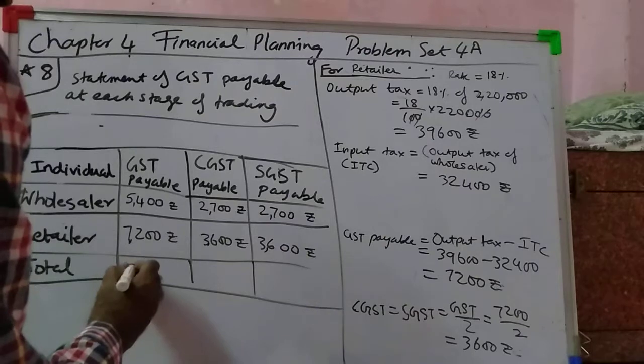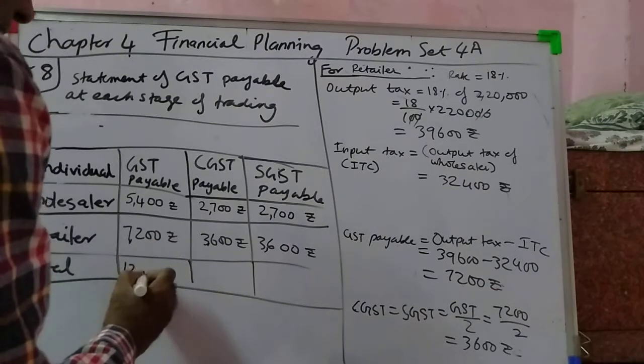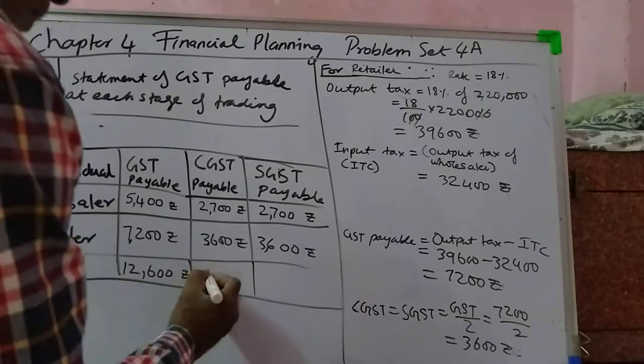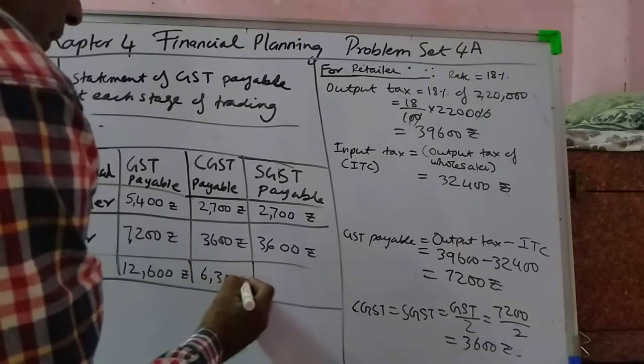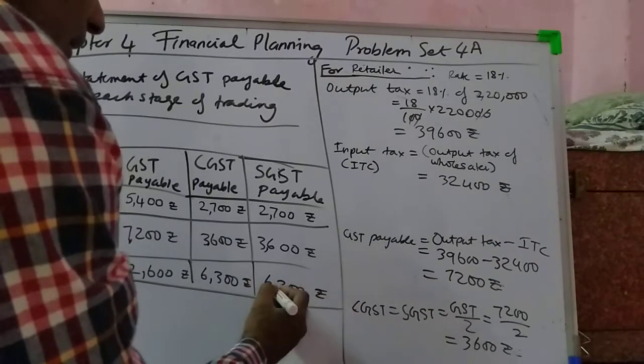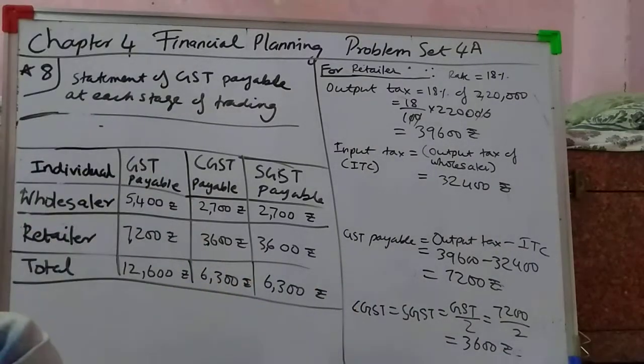It will become 12,600. Add these and it will be 6,300 rupees. The same will come here, 6,300 rupees. I hope you got this.